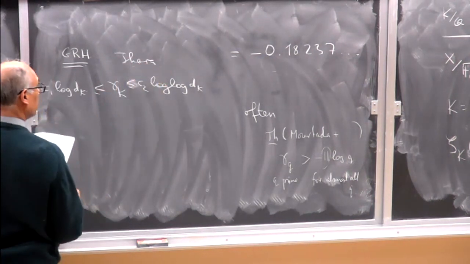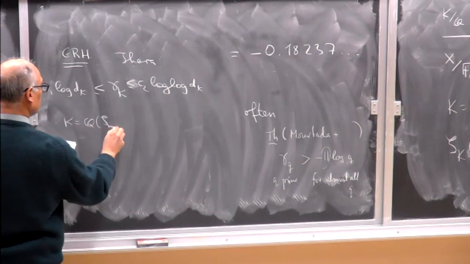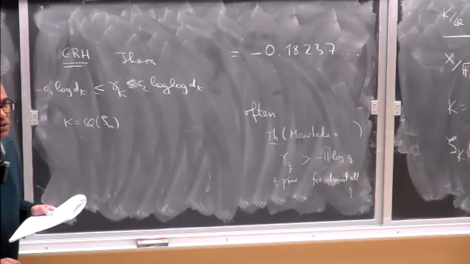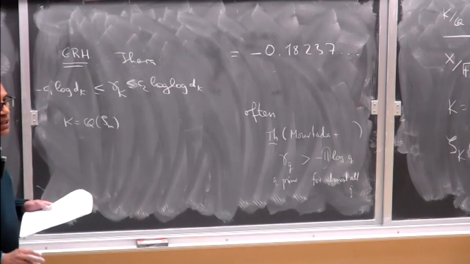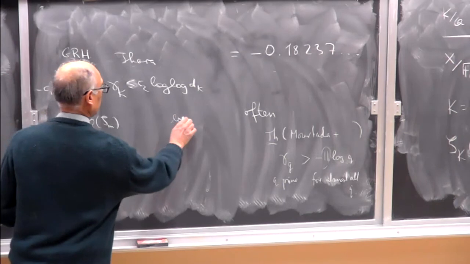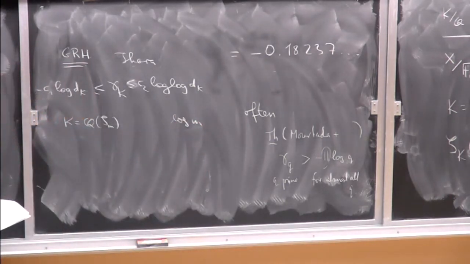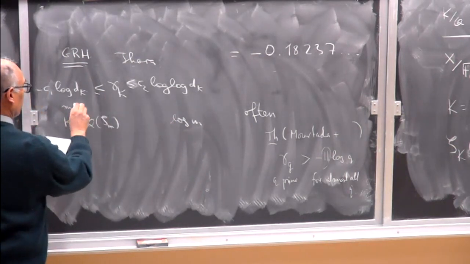Now, what we showed is that in the case that K is a cyclotomic field, roughly speaking, the discriminant is like m to the m. Roughly. So log of the discriminant is like m log m. On the other hand, its upper bound is like log m and the lower bound is like m log m.